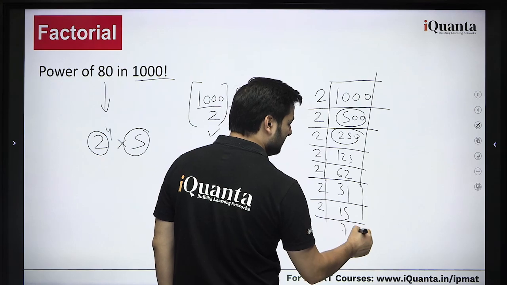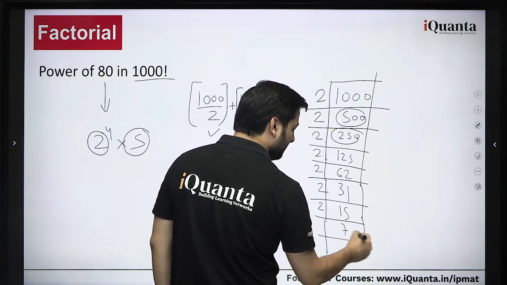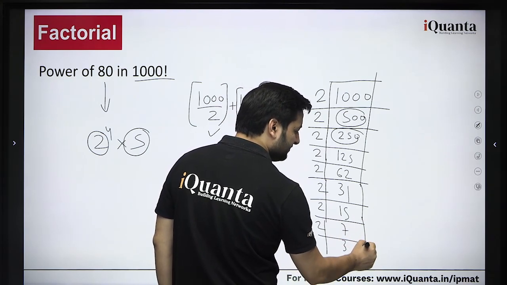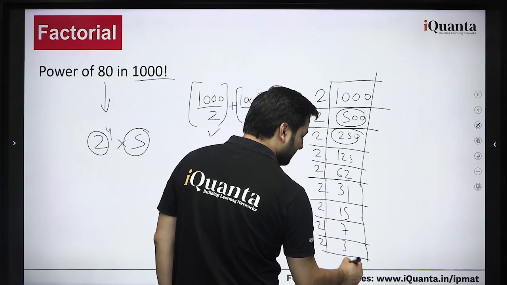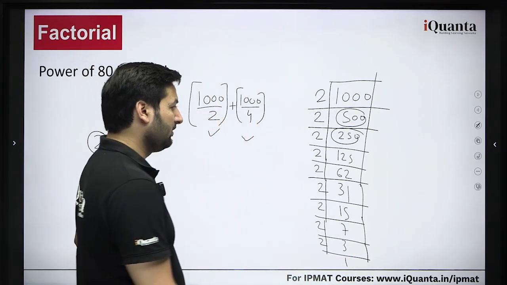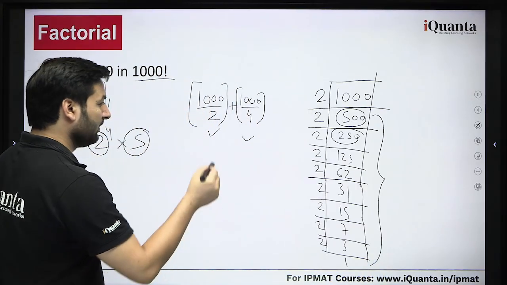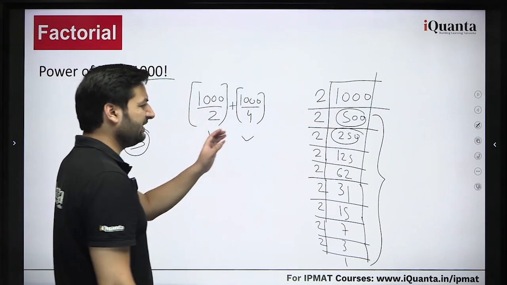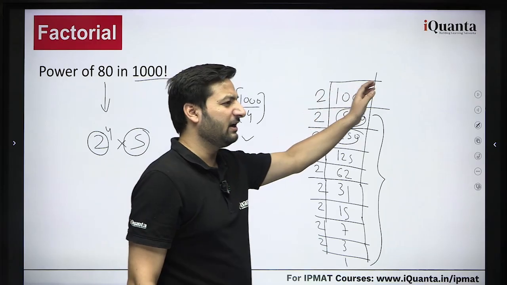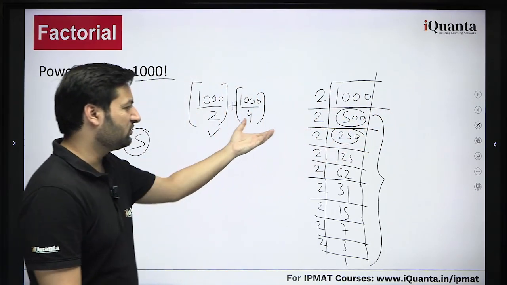Further by 2, 7.5, just take 7. Then 3 point something, 3 only, and then finally 1. Find out the sum of all these numbers. It is better than writing fractions again and again over here, isn't it? So, that is a shortcut.